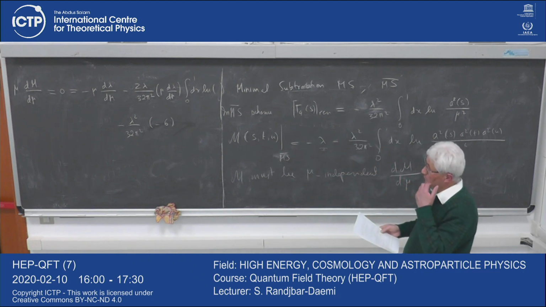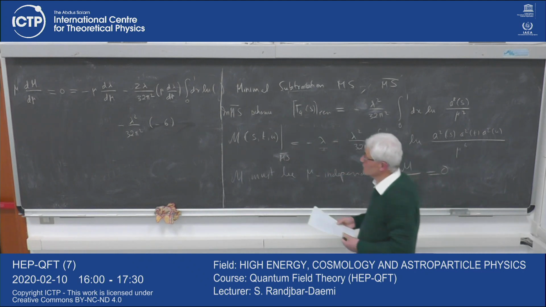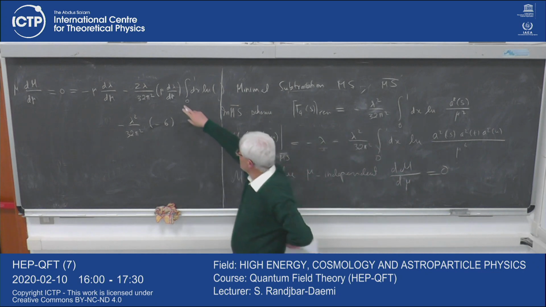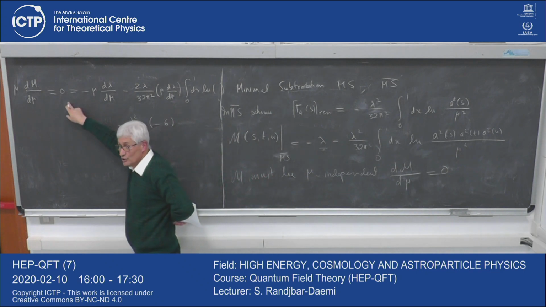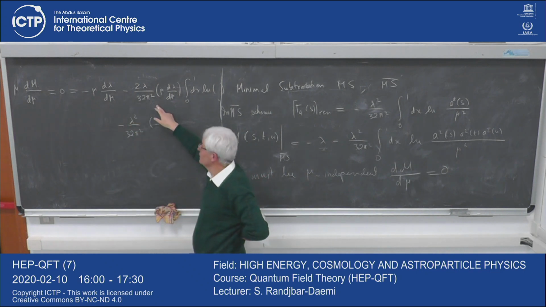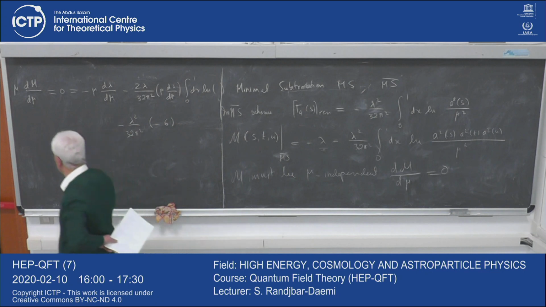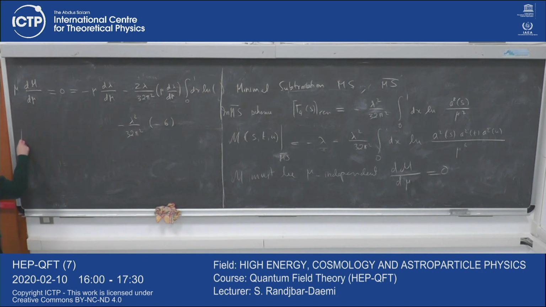Now, so what's the use of this equation? This is an equation for the derivative of lambda with respect to mu. If we know that derivative, then we will know how lambda depends on mu. This is equal to 0, so we can solve this equation for the derivative of lambda with respect to mu. That has a name.